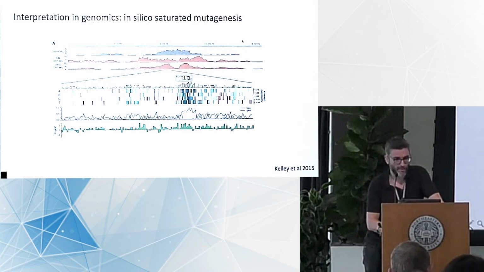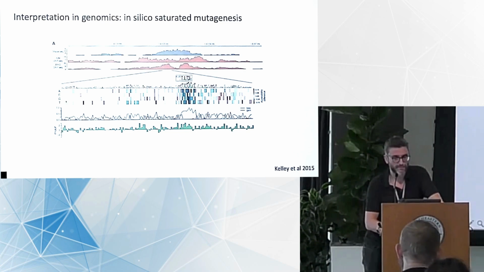Here is an example where there's thought to be some particular nucleotide that's important for vitiligo, and the researchers made every possible mutation, computed the influence of every single base pair around that position, saw that there's this little cluster of what are called salient nucleotides, ones that are important for the model's prediction, and saw that that allowed them to interpret the genetic data and say this is probably a binding site that was disrupted for a particular transcription factor.